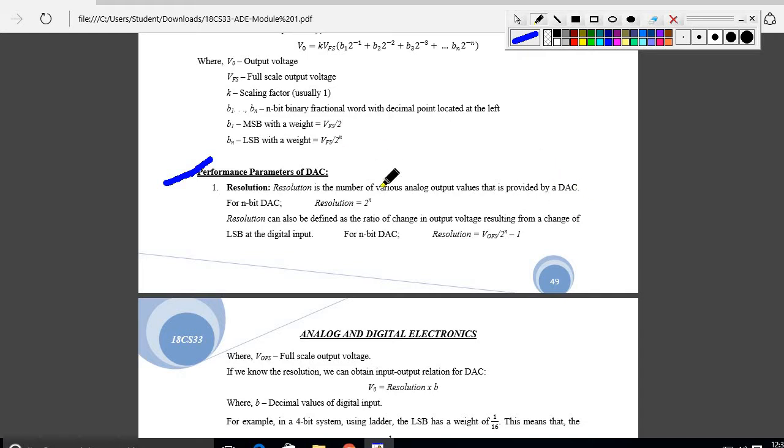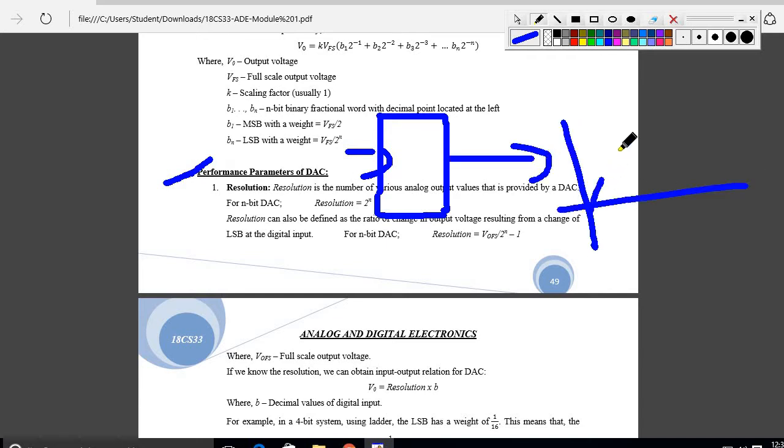We already saw the block diagram of this DAC. When I pass the digital inputs to this DAC, the output I get in terms of analog signal is not only one signal but various analog output values provided by this DAC. In that way we need to find the resolution.